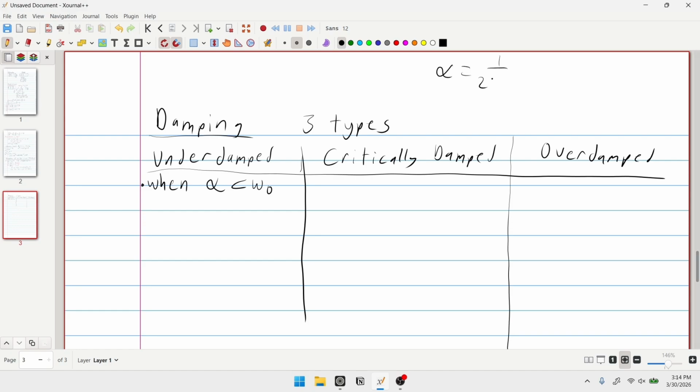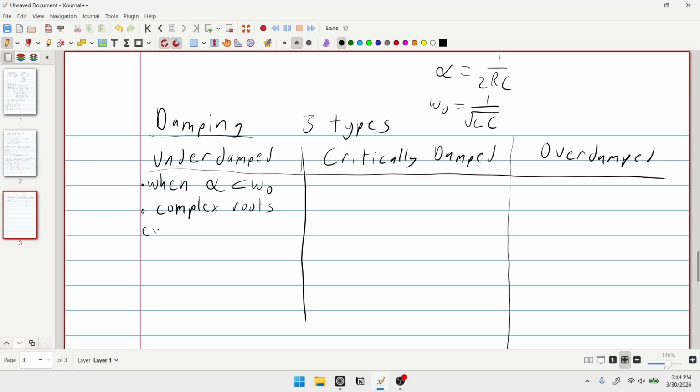So alpha is 1 over 2RC, and omega naught is 1 over square root LC. So when our alpha is less than our natural frequency, that means our circuit is underdamped. So what this means is that we'll have complex roots.